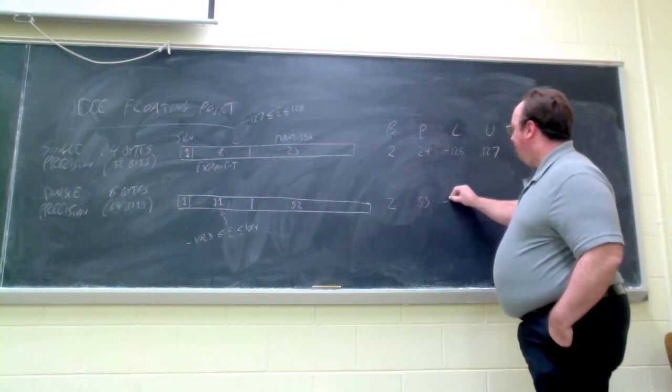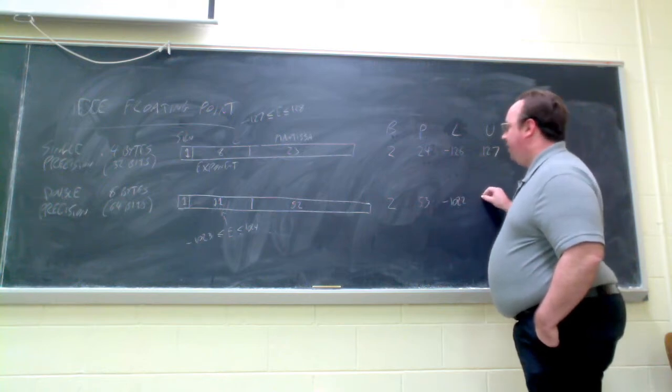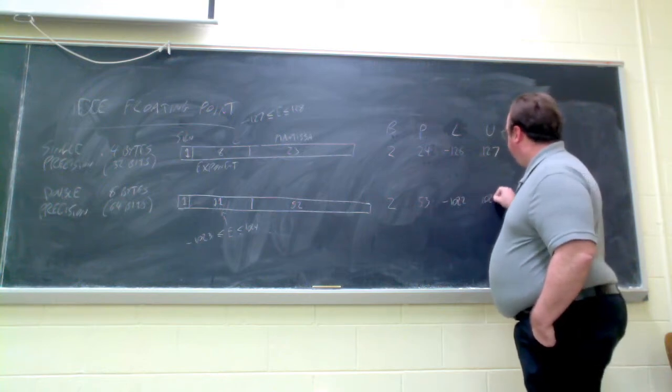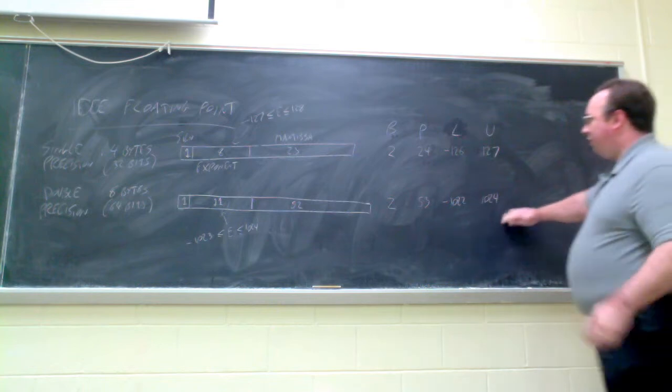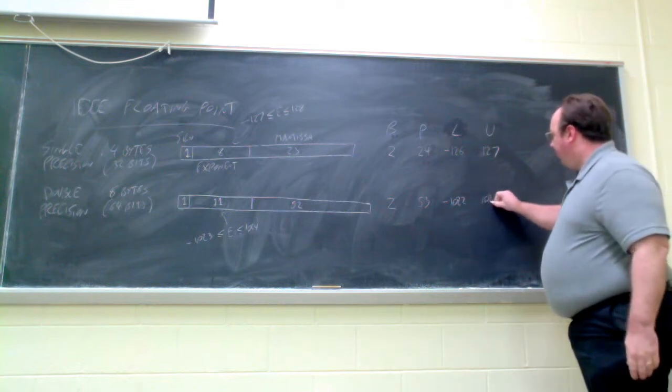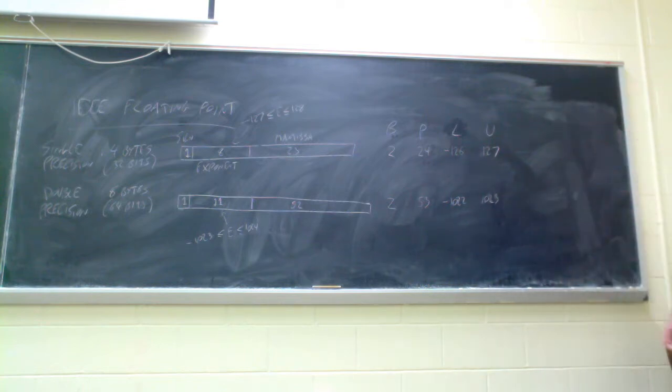And then from minus 1022 to 1023. It's one less in both directions. And I'll explain later, the other values that are left out have certain special meanings, and I'll come to that in a little bit.